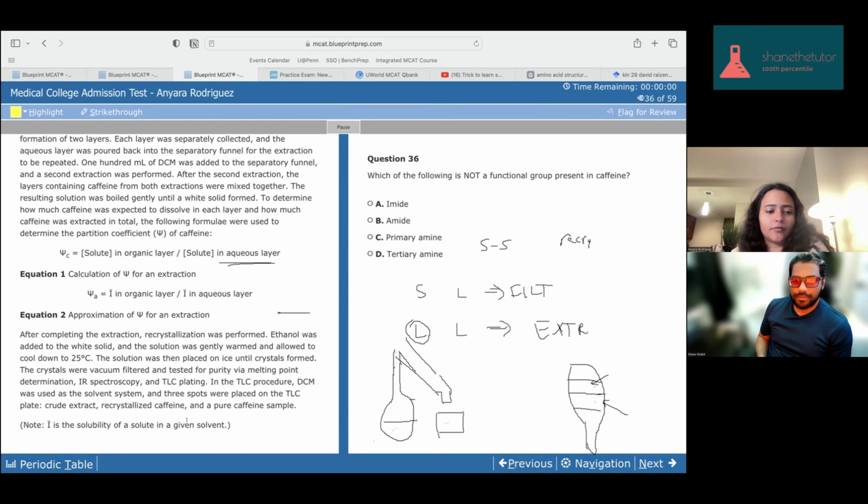So why is a melting point a good way to determine purity? Because each compound has a unique melting point. That's true, but think about why.